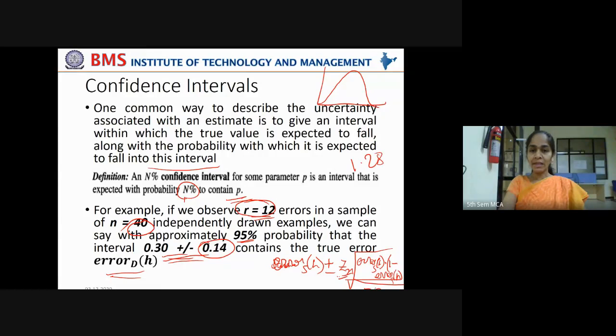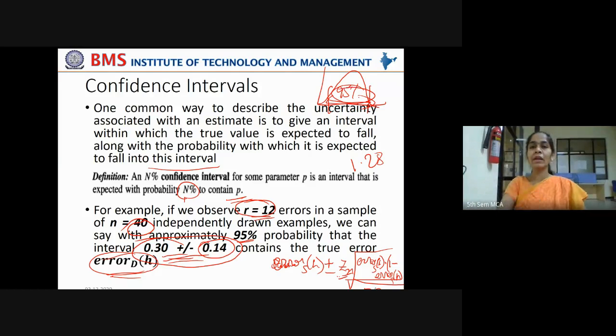Now, out of all these errors made, we can say that approximately 95% probability, means the confidence interval we are taking as 95%, that the interval 0.30 plus or minus 0.14 contains the true error d. Means it falls within this range 95% of the time. Okay, this interval is nothing but 0.30 plus or minus 0.14.